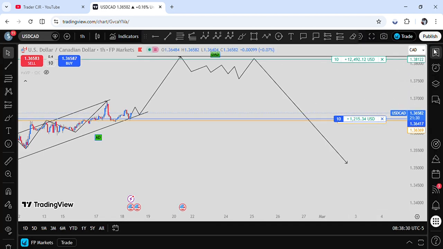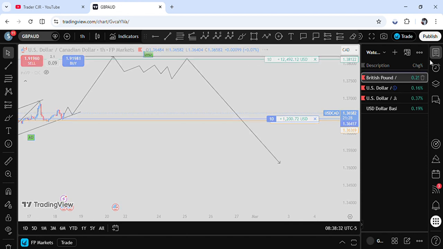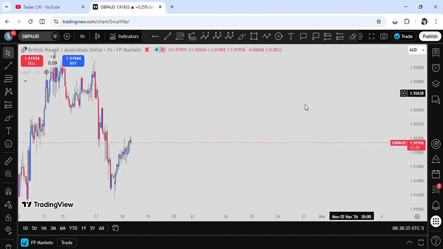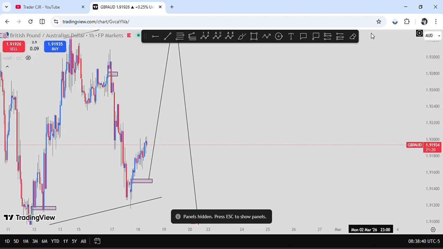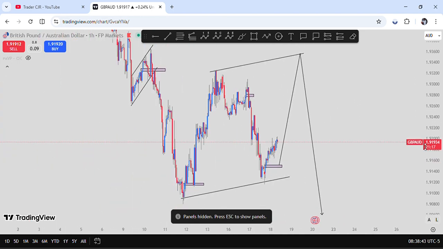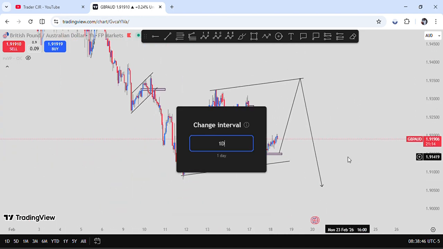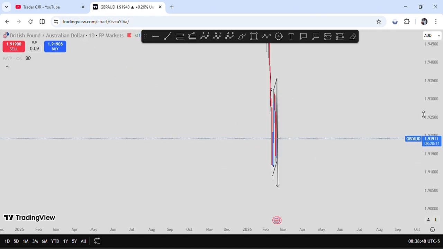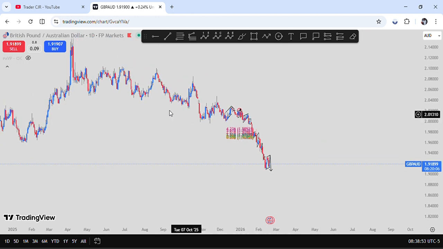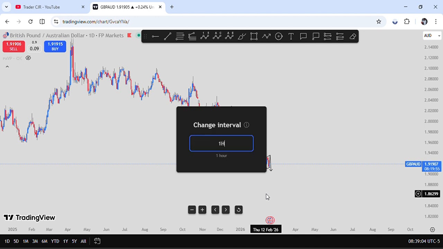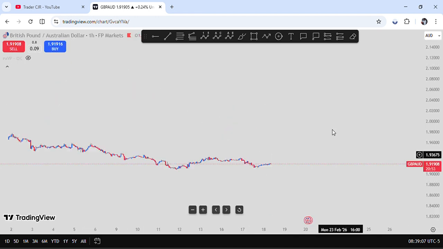let's move on and talk about the pound Aussie. On the pound Aussie, let's go to the daily. So this is the daily time frame of the pound Aussie. As you can see, this is a heavy downtrend, and I just think price is continuing to the downside.